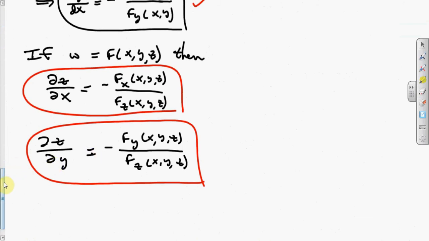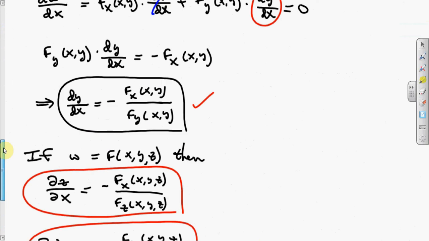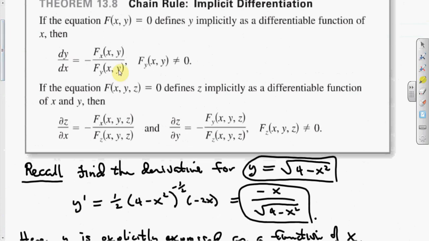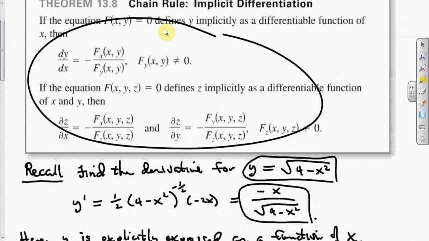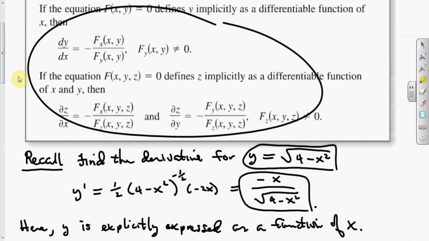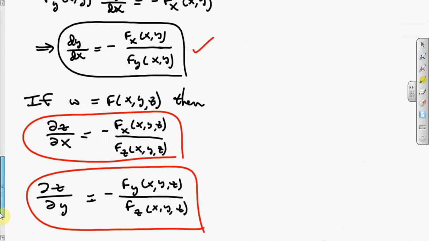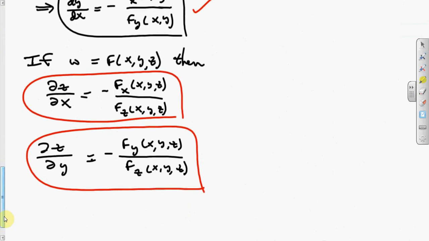Now, this is what he is explaining in the theorem right here. I didn't note it in my explanation, but it is very important that the partial of f with respect to z is non-zero. Why is that the case? It's the denominator.